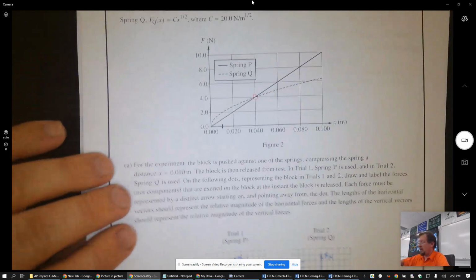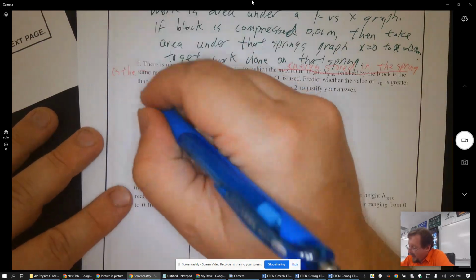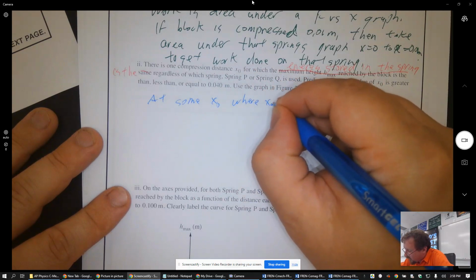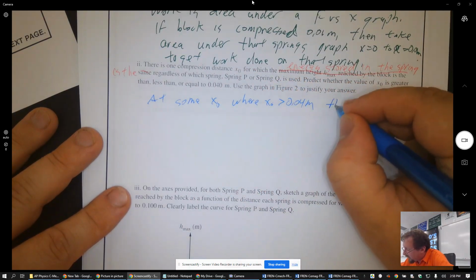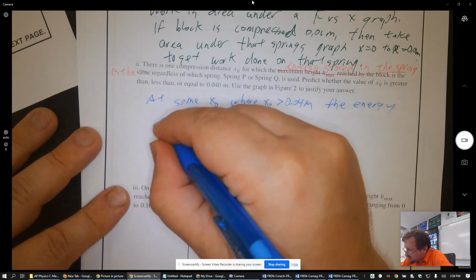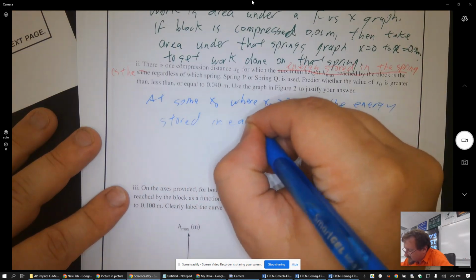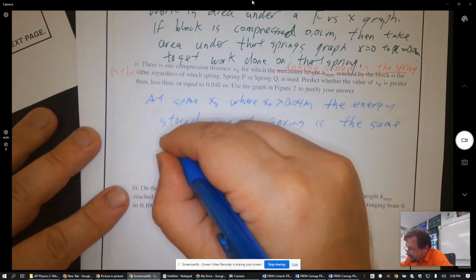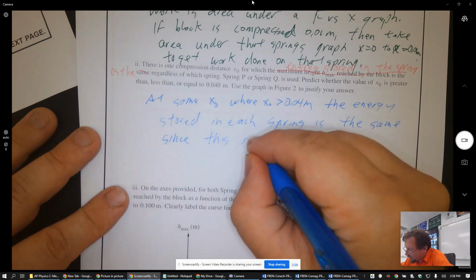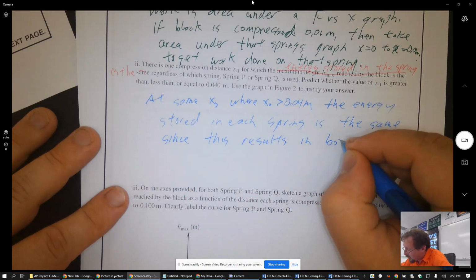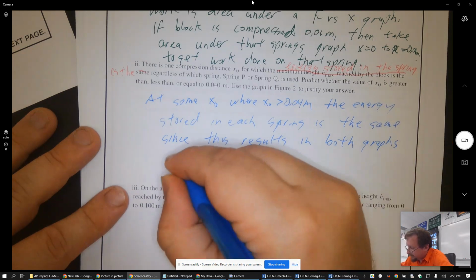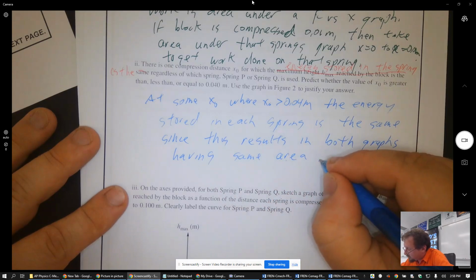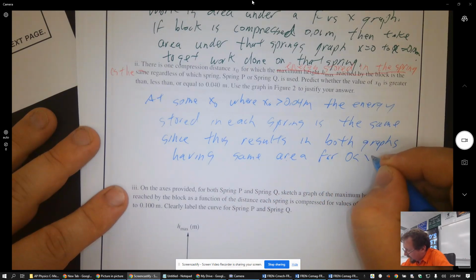It's going to be greater than 0.04. At, let's go for blue now, at some x naught where x naught is greater than 0.04 meters, the energy stored in each spring is the same, since this results in both graphs having the same area for zero less than x less than x naught.